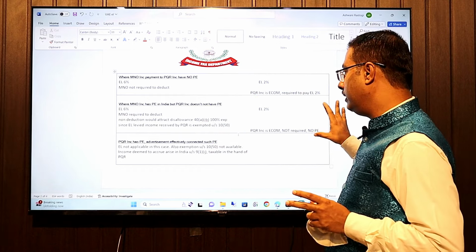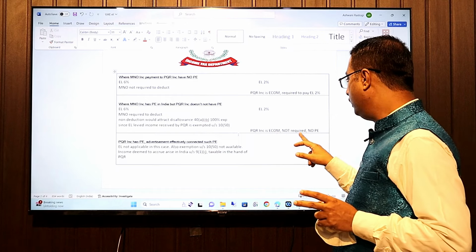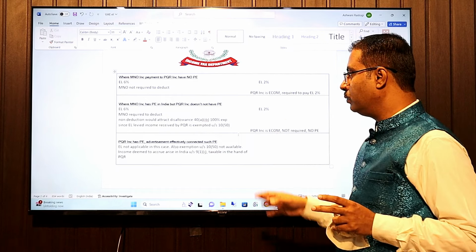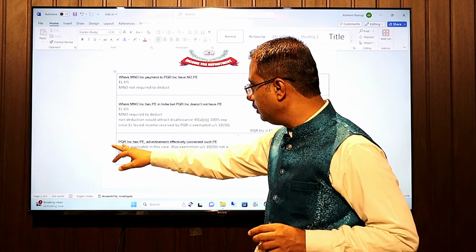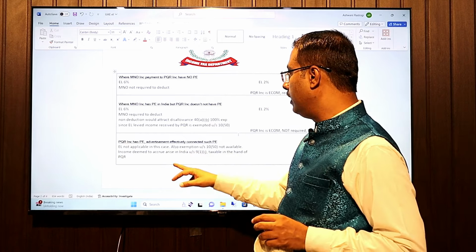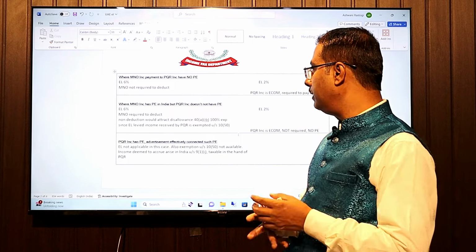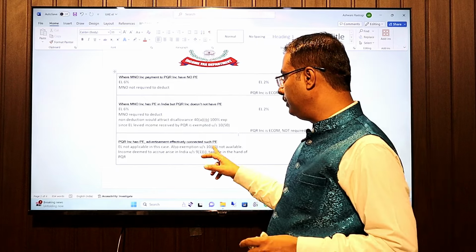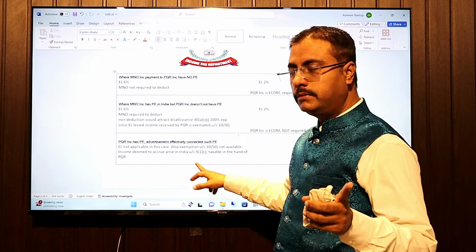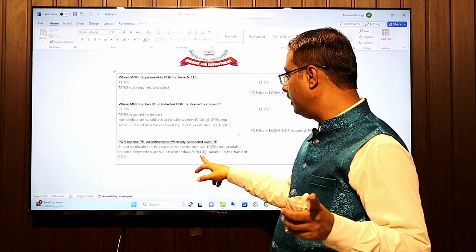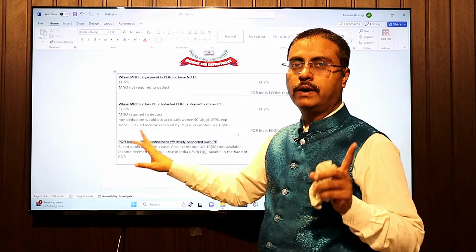So here PQR is an e-commerce operator, not covered by EL 2.0. In case PQR has a PE status and those services are effectively connected, EL is not applicable. Your income would be deemed to accrue or arise in India under section 9(1)(i), taxable under the head of PQR.